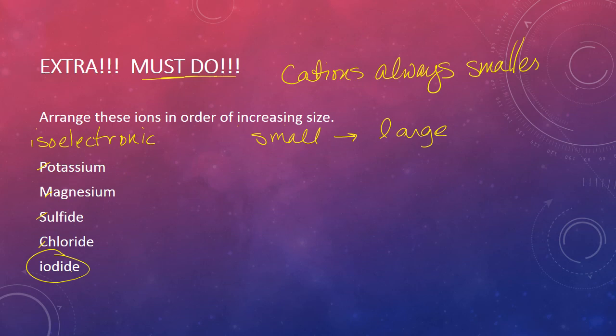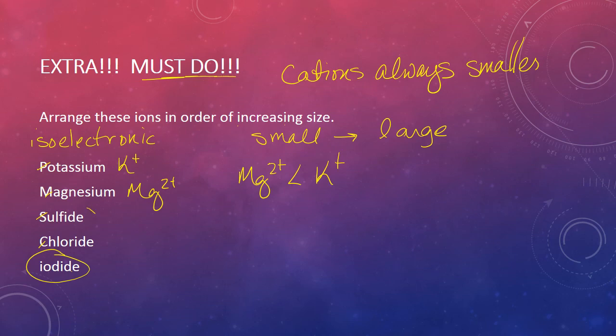Always. So let's look at the 2 cations. We have magnesium and we have potassium. The more you lose, the smaller you get. So who's the smallest? Magnesium. Magnesium is smaller than potassium.